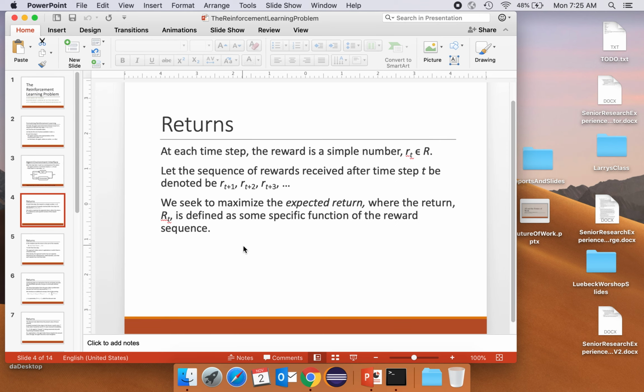We talked a little bit about returns last time, and I mentioned that I was going to go into more details this time. So let's do that. At each time step, the reward is some typically small number. And so the idea is we can look at what the agent is doing at different time steps. In essence, we're going to have a sequence of rewards. So what we really want to do is maximize the expected return.